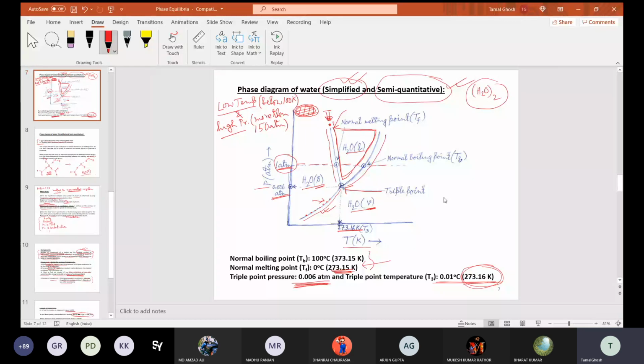That area is basically your H2O liquid. If you consider any point in this area, the degrees of freedom will be equal to C minus P plus 2. C is our 1, which we have just found out, and the number of phases will be... how many phases in this case?